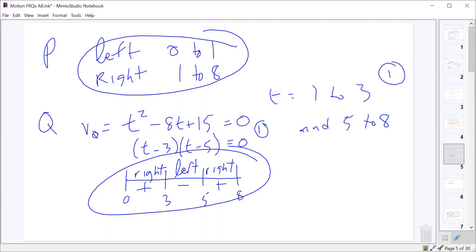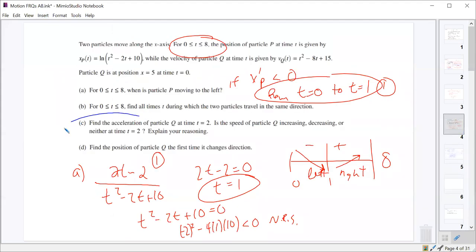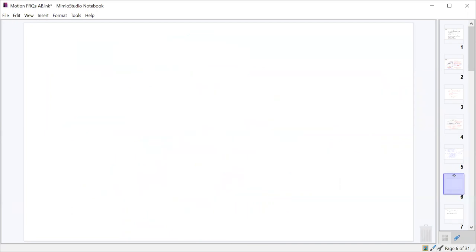All right. Next part. Part C, find the acceleration of Q at t equals 2. That should be easy enough. How do we find the acceleration of Q? We take the derivative of the velocity. So v sub q prime of 2 ought to be a sub q of 2. And what was the derivative?